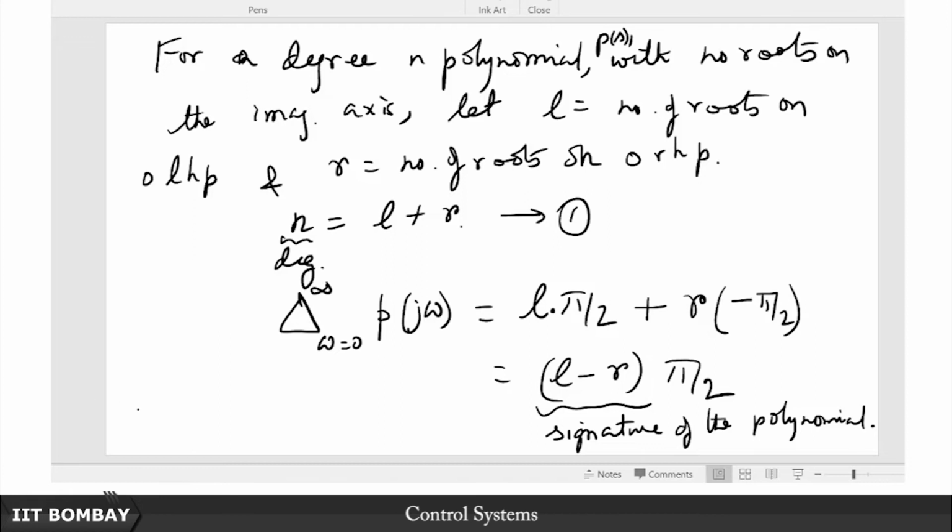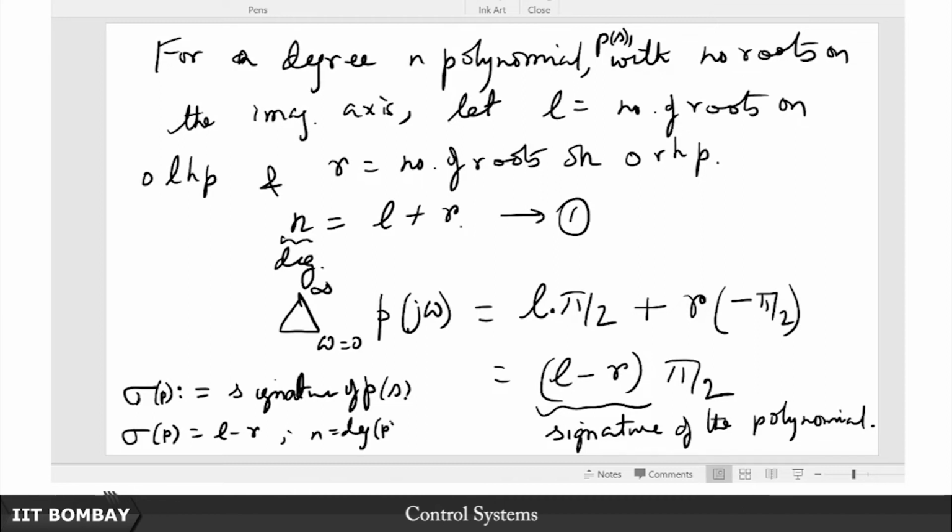Let sigma p be defined as the signature of P(s). Therefore sigma p is equal to L minus R, and n, the degree of p, is equal to L plus R. So giving you the signature and degree is the same as giving you L and R.